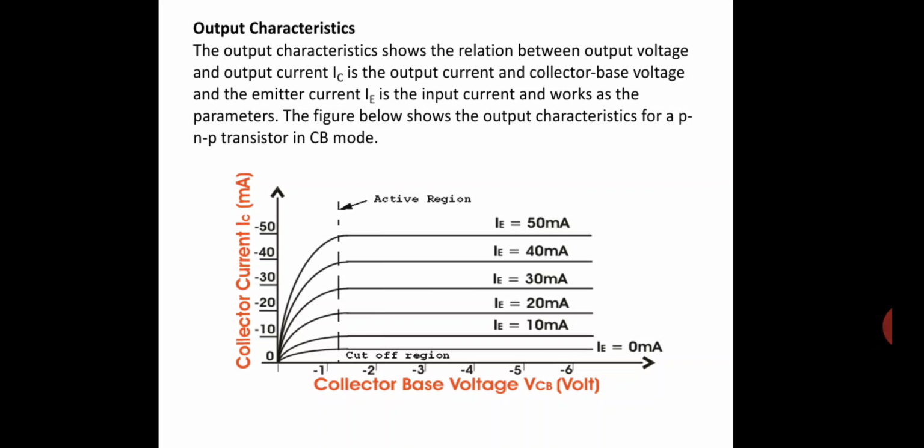The figure below shows the output characteristics of PNP transistor in common base mode. At first, input current is 0 ampere. When output voltage is increased, then output current is only minority current. This is called cutoff region. In cutoff region, we can say the transistor is in off state.